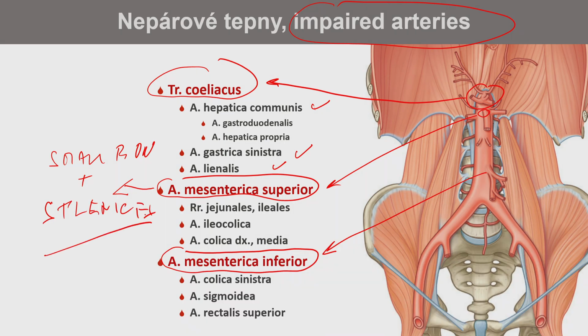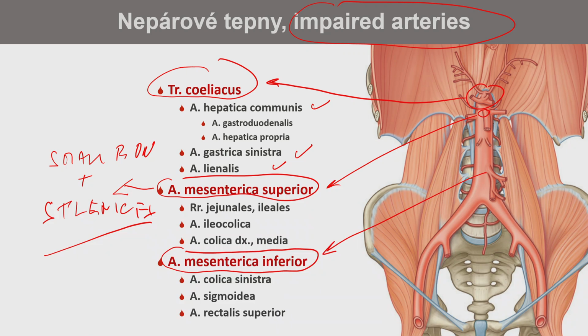It is then dividing into the jejunal and ileal branches, ileocolic artery, right colic artery, and middle colic artery. The middle colic artery supplies the colon transversum. So up to the colon transversum, the superior mesenteric artery is the main artery supplying the gut.